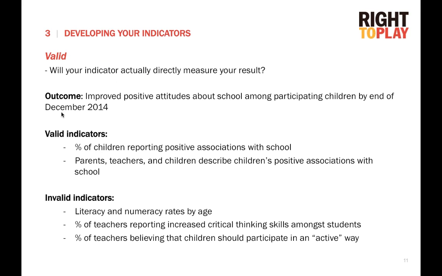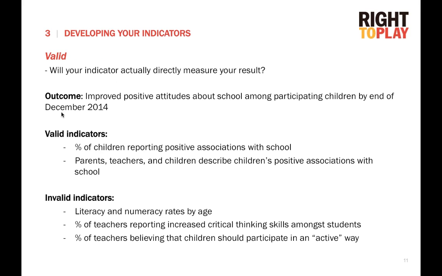You also want to make sure that your indicator is valid and that it actually directly measures your result. A lot of our outcomes and our outputs and our expected results are somewhat linked or related to one another. So when you're developing your indicators, you want to make sure that they're very specific and very closely linked to the specific outcome or output that you're measuring.